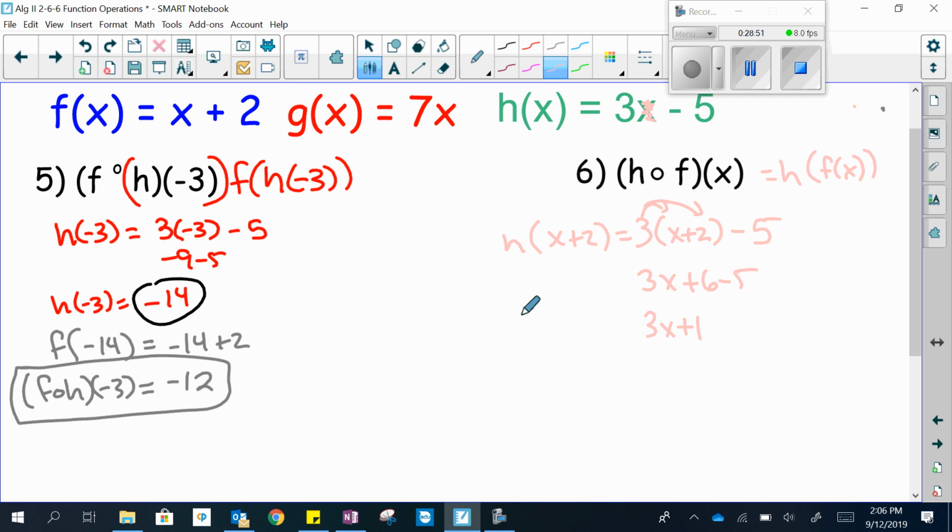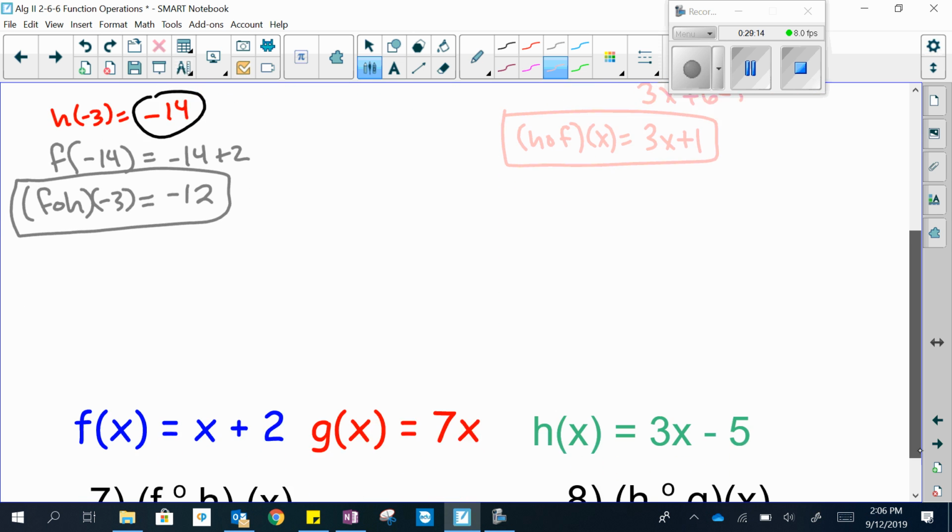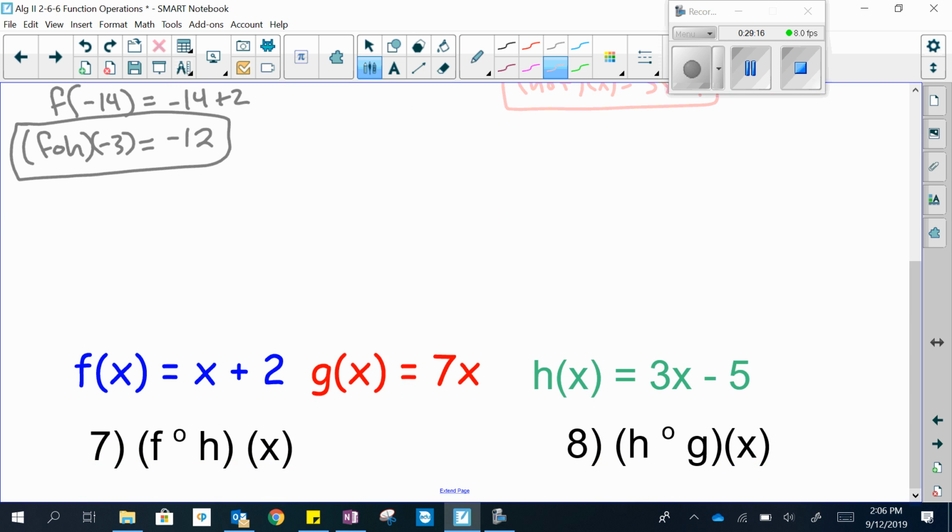I've done all my work, so I can bring that h of f of x down here so I have where I started and where I finished. Composite functions, fun times. All right, is there more on this page? Yeah. Okay.